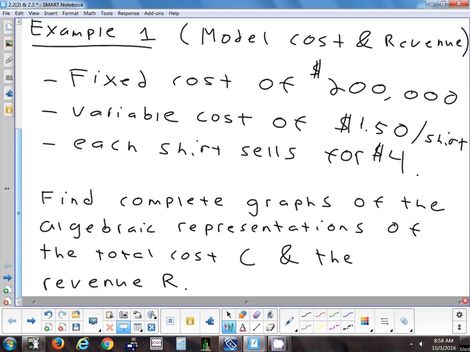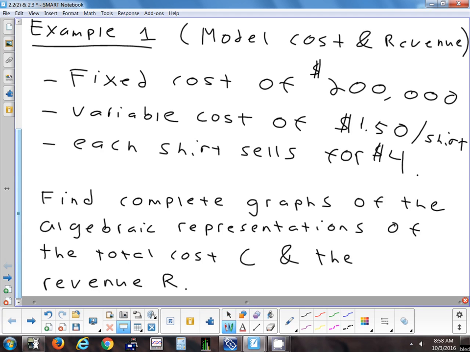What do you think we're going to have to do here in order to come up with equations for the cost and for the revenue? We've got to do something first before we can come up with an equation, because this thing I'm thinking of is going to be part of the equation. We need to give them variables. Yeah, we need a variable. What's the variable going to represent in this problem about this company?